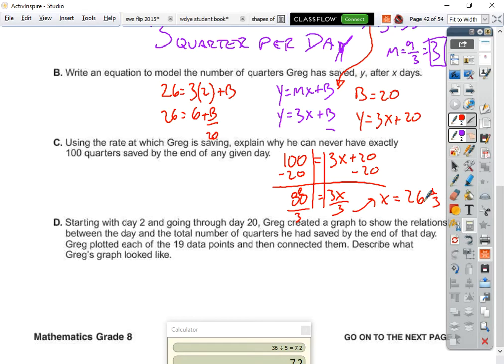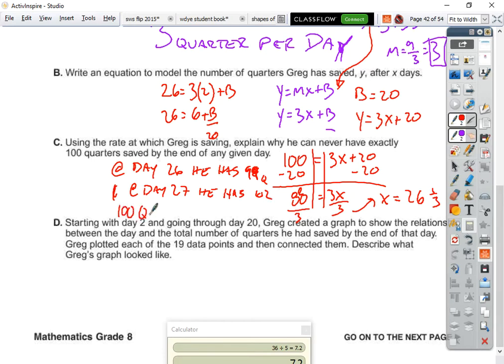So it would be easiest to say that at day 26, he has 99 quarters. And at day 27, he has 102.